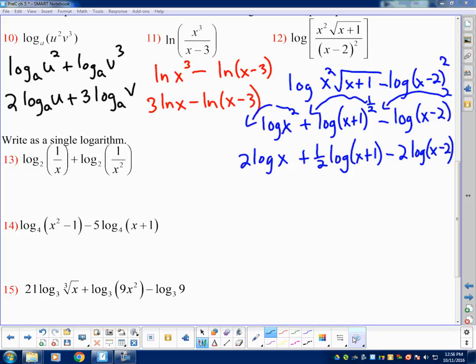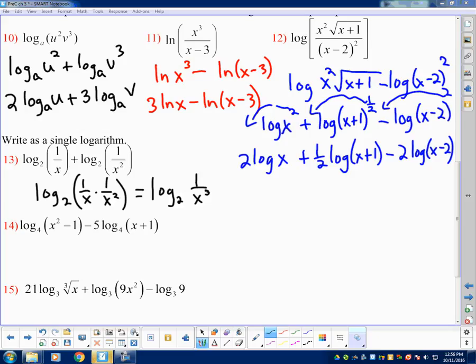And the product rule says this is the same as log base 2 of 1 over x times 1 over x squared, which is a single logarithm. One way to write it would be log base 2 of 1 over x cubed. We could just leave it like that. So just the product of the two things.